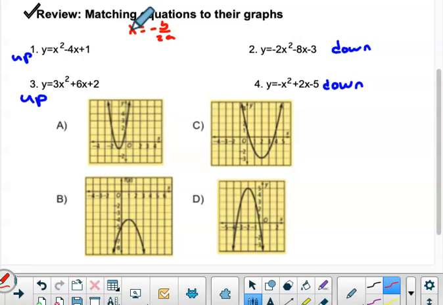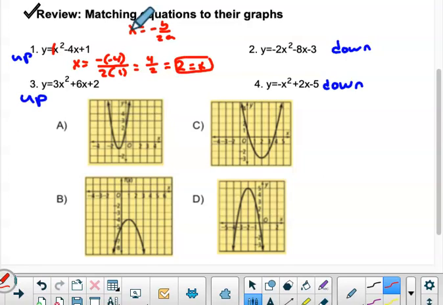So number 1, B is negative 4. So negative B is like negative 4 over 2 times A, which there's no A in front, so you can always put a 1 in there if that happens. So I have 4 over 2, which is just going to be 2. So x equals 2 will be my axis of symmetry here for number 1.